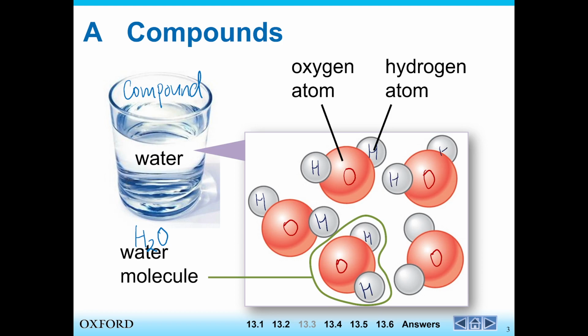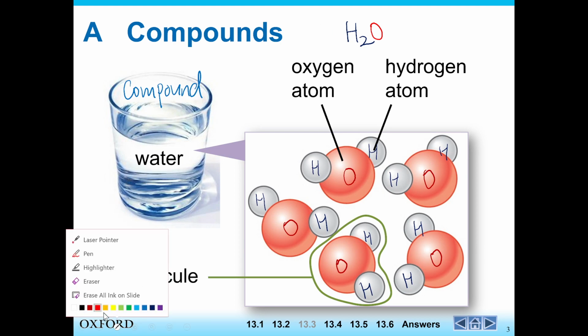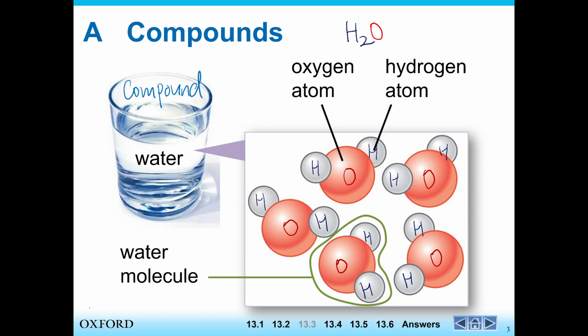In each water molecule, you'll see there are 2 hydrogen atoms and 1 oxygen atom. And if you look at the H2O that I wrote here, maybe I'll use the same colors, H2. Remember, there were 2 hydrogen atoms and 1 oxygen atom, and it perfectly links up with what we're talking about here. The thing about this is they are hydrogen and oxygen, and they were chemically combined together.